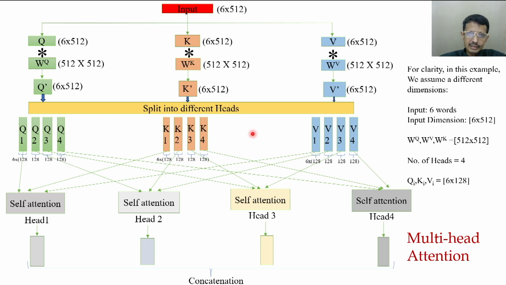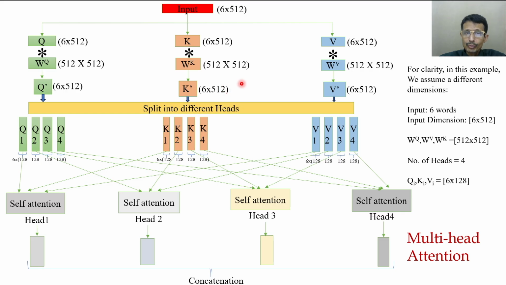Now from these matrices, if we join these three, the first gives the self-attention for head 1, and this is head 2, again self-attention. Now you can say multiple heads. As we discussed, you may recall that there are 6 words in a sentence. Take any 2 words and try to find the contextual relationship.